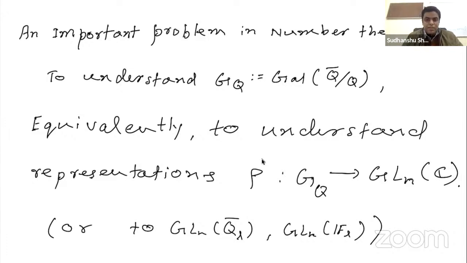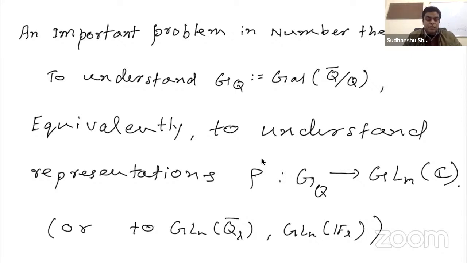So the plan is that I'll begin with some generalities, some statements from this subject, and then I'll state the main theorem, which will describe a Galois representation associated to a Hecke eigenform, and then state some properties of those representations. And after that, I'll briefly discuss its construction.